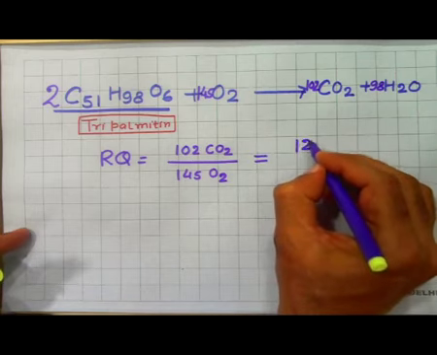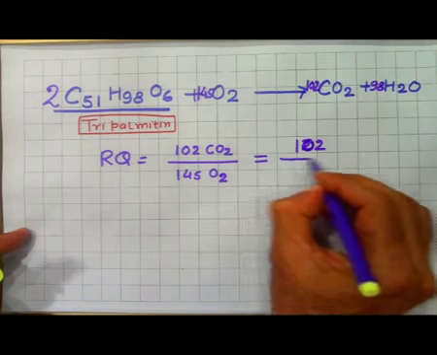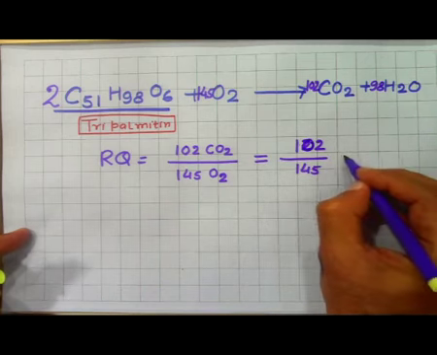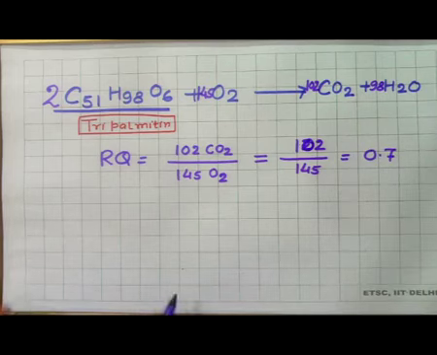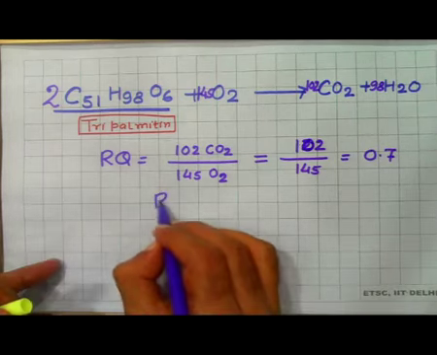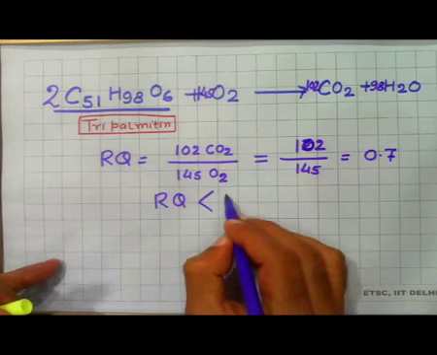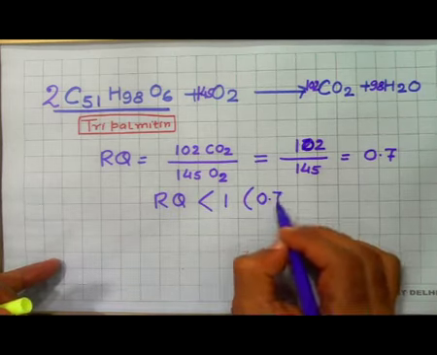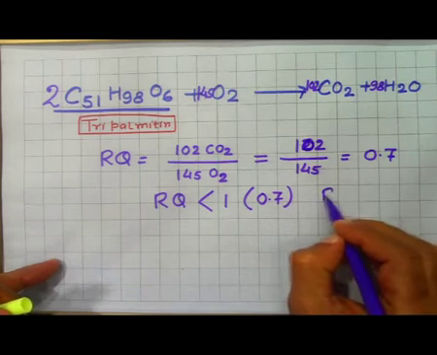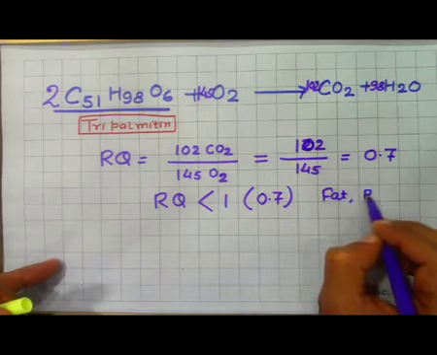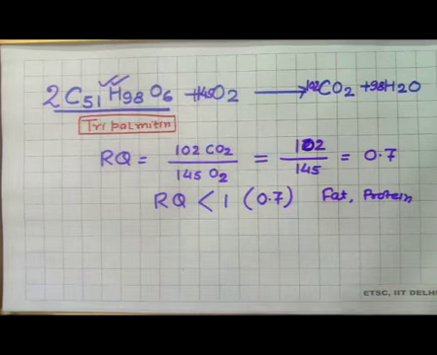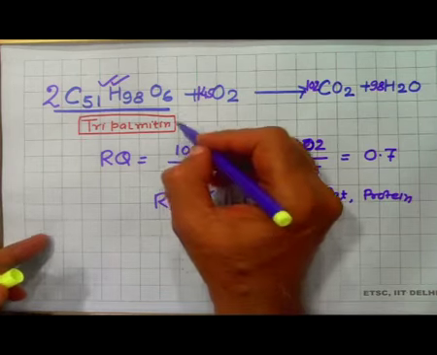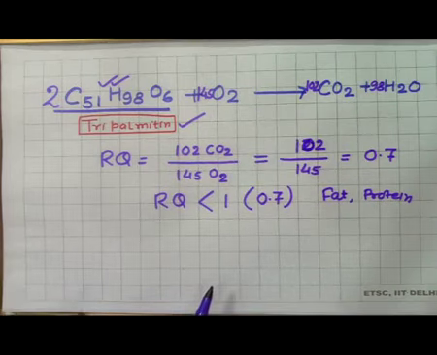That means 102 by 145, it will be equal to 0.7. So, as we have discussed, when the RQ value is less than 1, that is 0.7, it may be fat or protein. So, with this reaction we can say that tripalmitin is not a carbohydrate, it will be fat or protein.